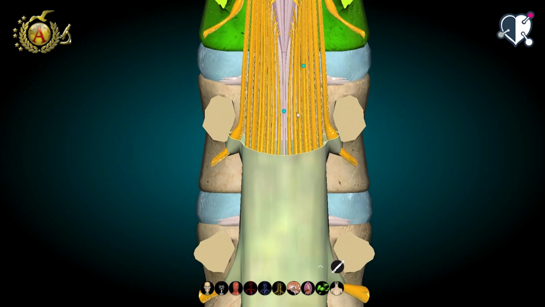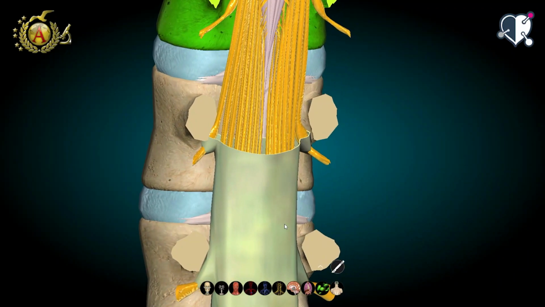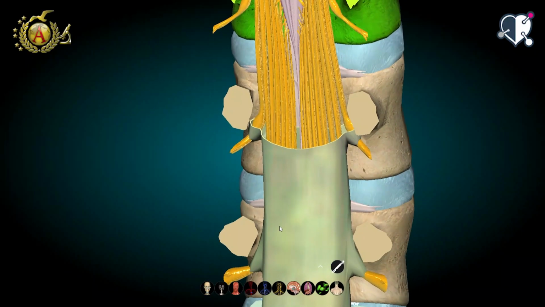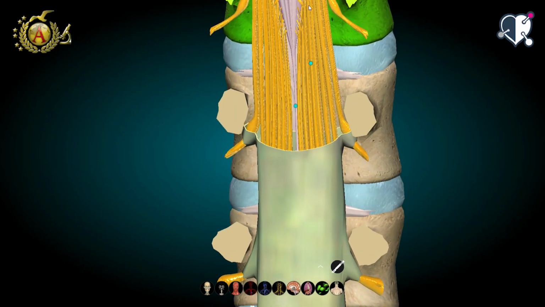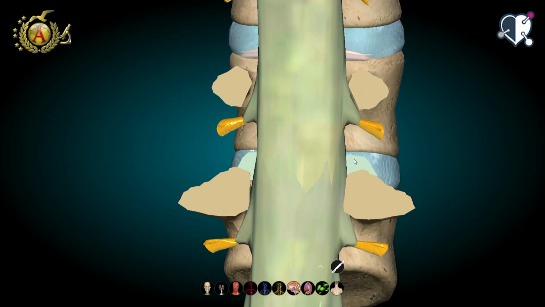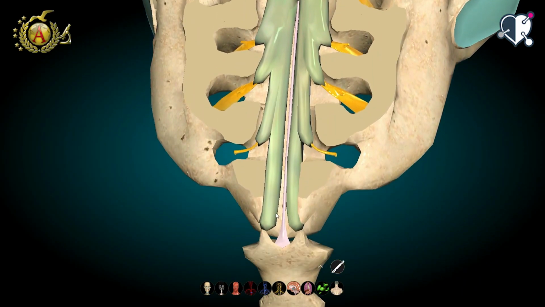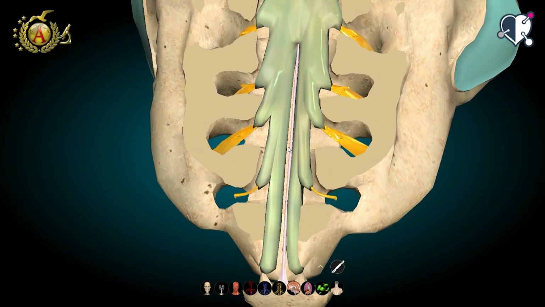The lower portion, referred to as the external filum terminale, merges with the 3 meninges to form a single sheath, creating one unified structure. If we observe the spinal cord along its entire length, several interesting features stand out.